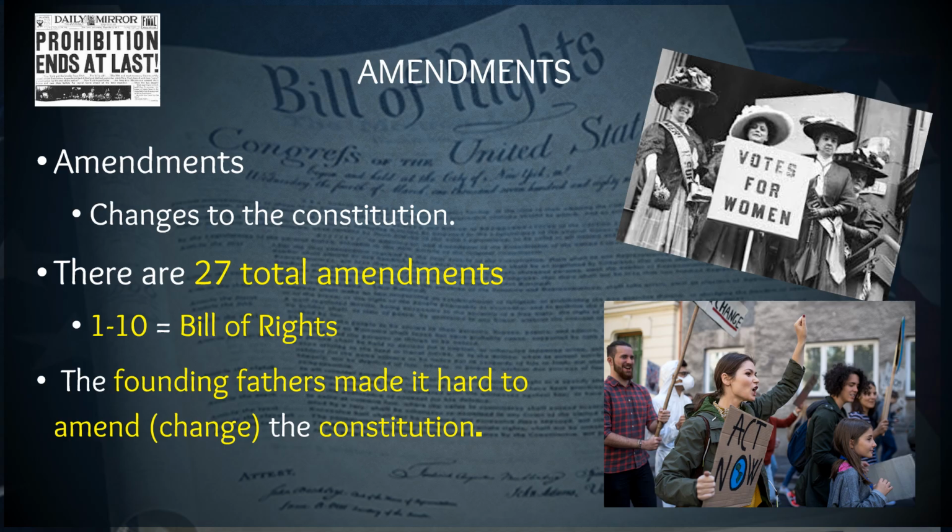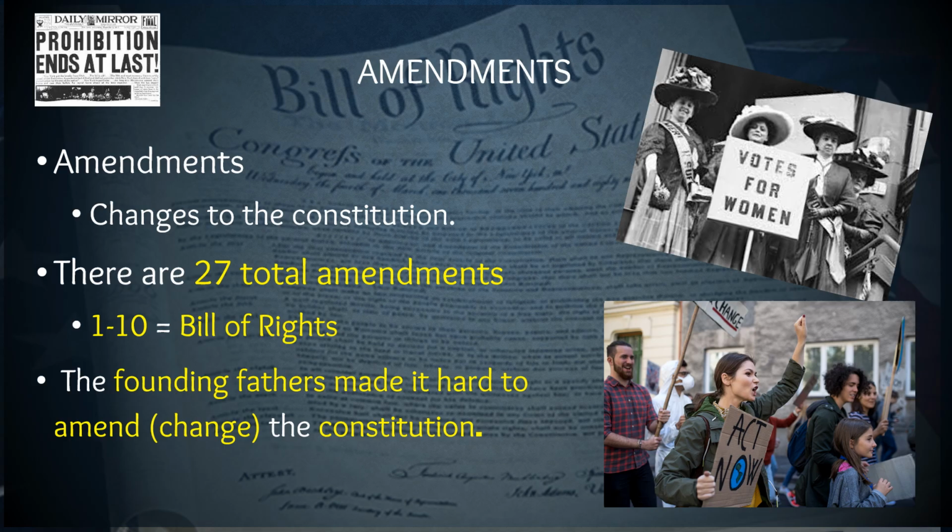All right, let's talk about amendments, guys. Once again, amendments are changes to the Constitution. That's literally what amendments means, changes. There are 27 total amendments to the Constitution, so 27 changes. The first 10 changes to the Constitution, guys, are known as the Bill of Rights. This is what the Anti-Federalists fought for during the Constitutional Convention, and we kind of outlined that in the last PowerPoint that we did.